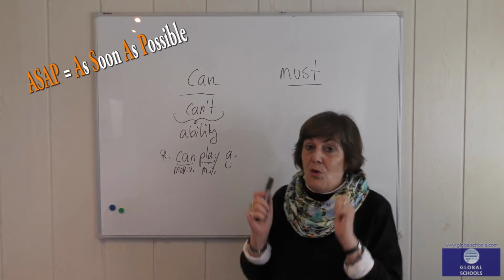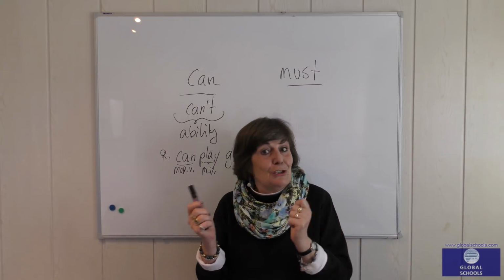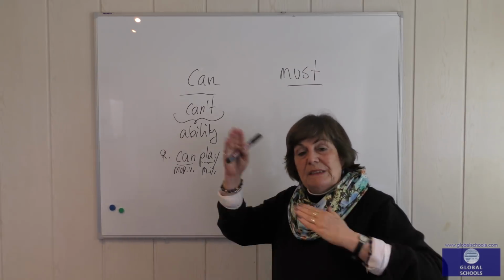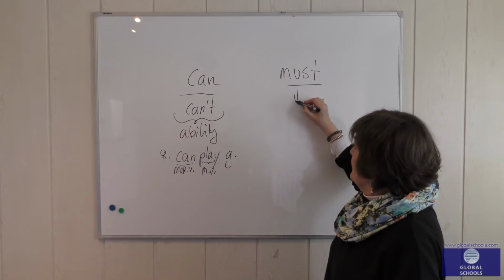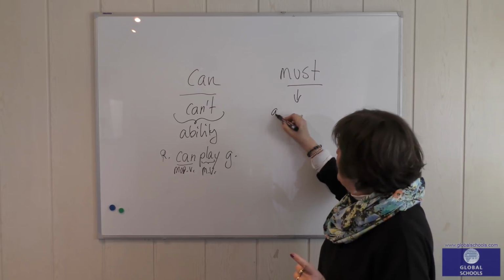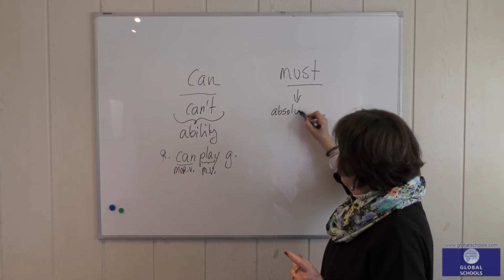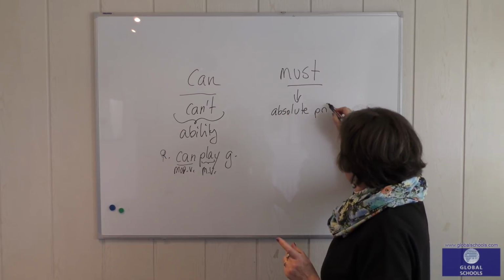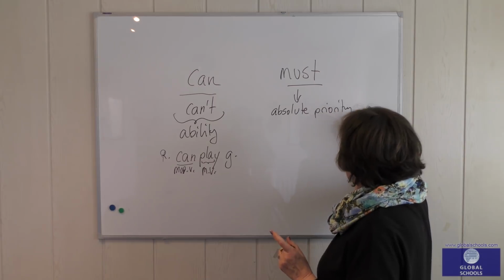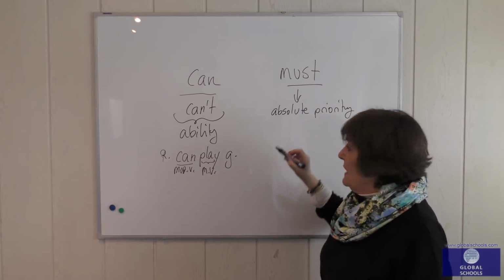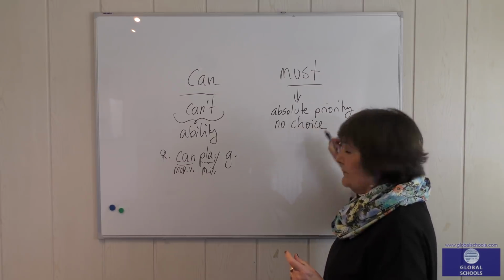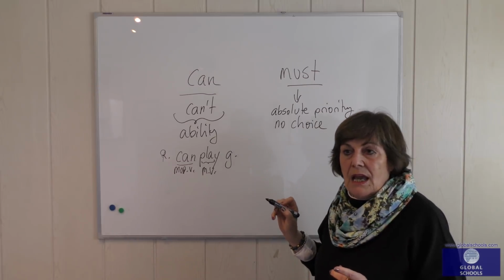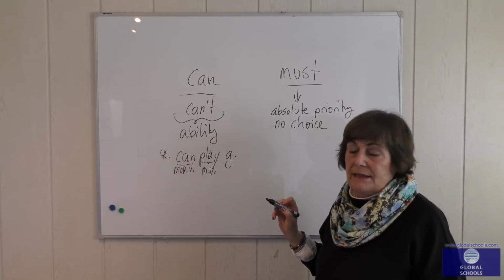So, when you watch the like to, would, could, should video again, then you see the clear difference, because here, must is an absolute priority. Definitely, you have no choice. And you cannot avoid it.